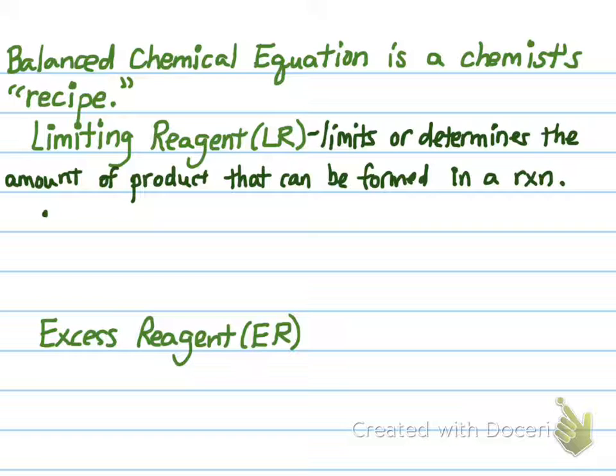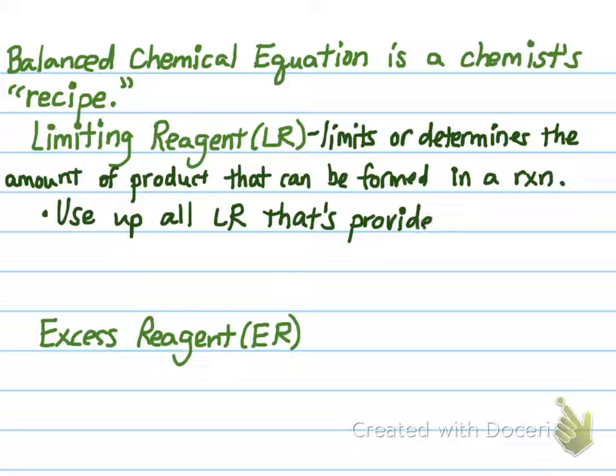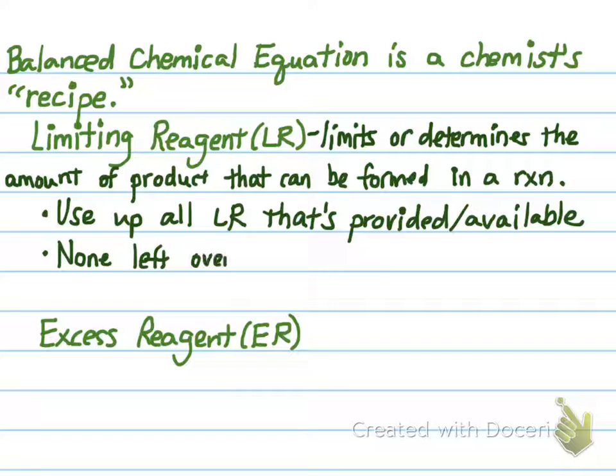One of the keys to identifying the limiting reagent is that you use up all the limiting reagent that's provided or available, so there won't be any limiting reagent left over after the reaction.